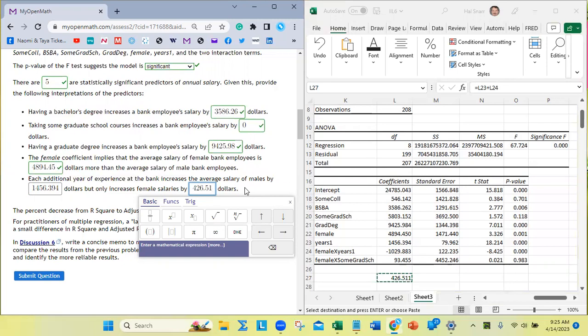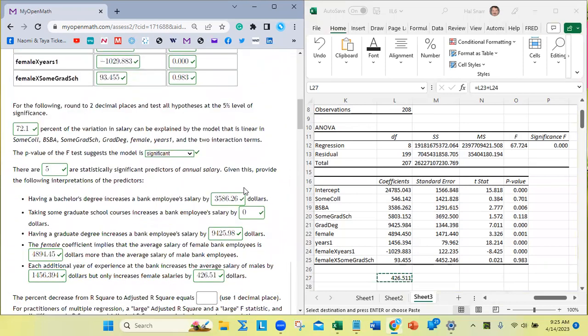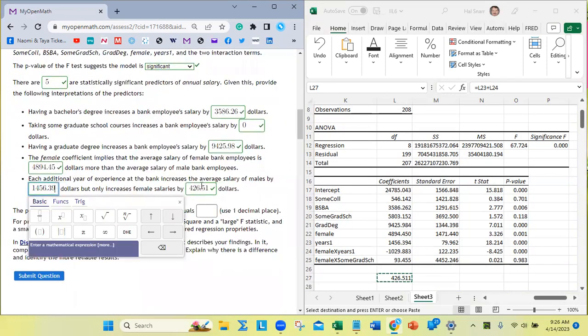It's more than just looking at the data. You'd probably have to talk to people who do the hiring and promoting to figure out why this is. But it looks like each additional year, holding all the other factors constant, male salaries go up by much more than female salaries. It might be a performance bonus reason.